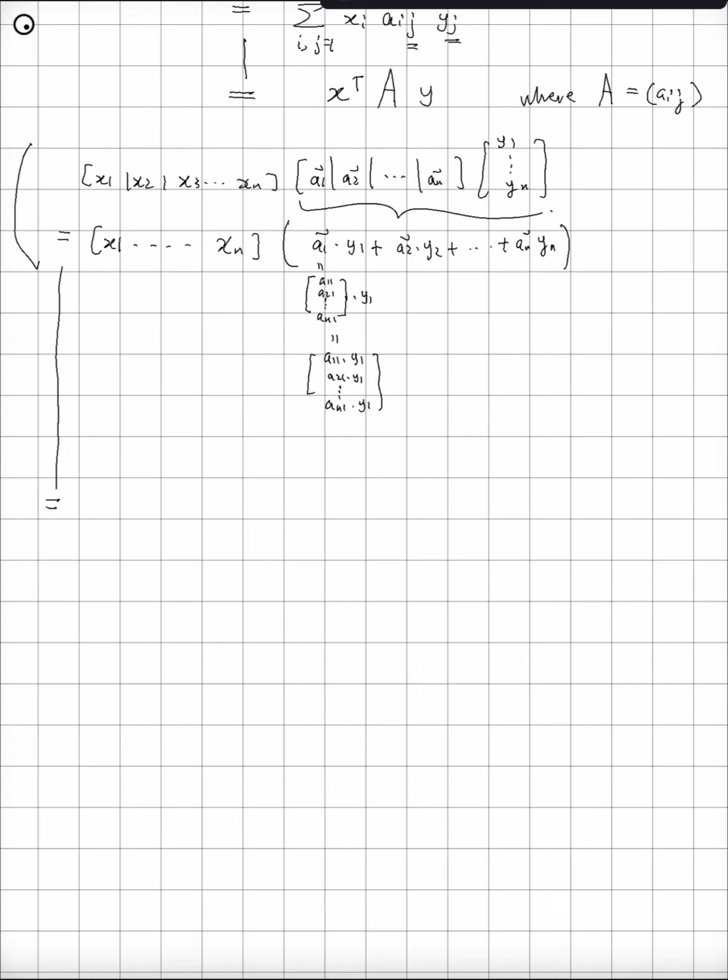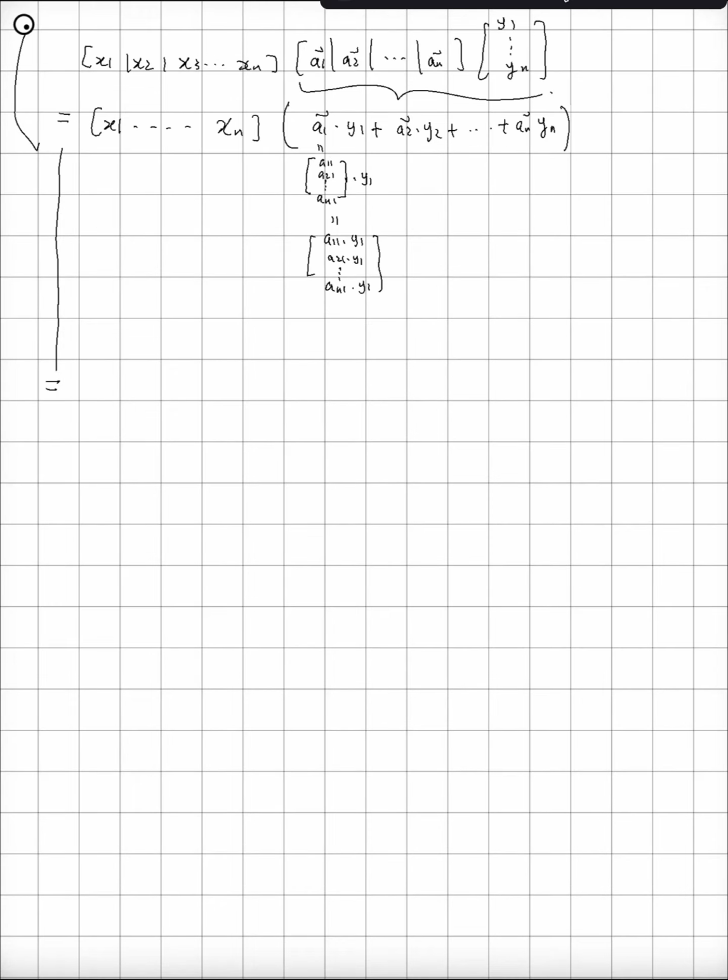Sorry, of course this is not a real number; as we see, this is finally just an n by 1 column matrix, so 1 by n times n by 1 again. You multiply into it, and it will give you x1 times the first entry, which is a_11 y1 plus a_12 y2, through a_1n y_n.